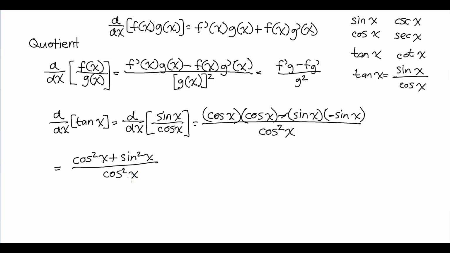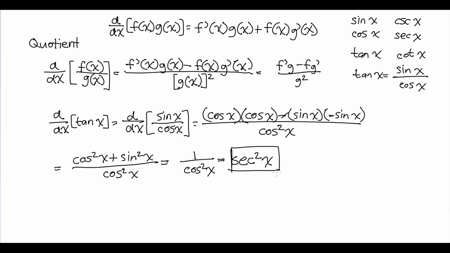And this should be going ding, ding, ding, because sine squared x plus cosine squared x is probably one of the most memorable identities, 1 over cosine squared of x. So you have 1 in the numerator, and this simplifies to secant squared of x. So the derivative of tangent of x is secant squared of x.